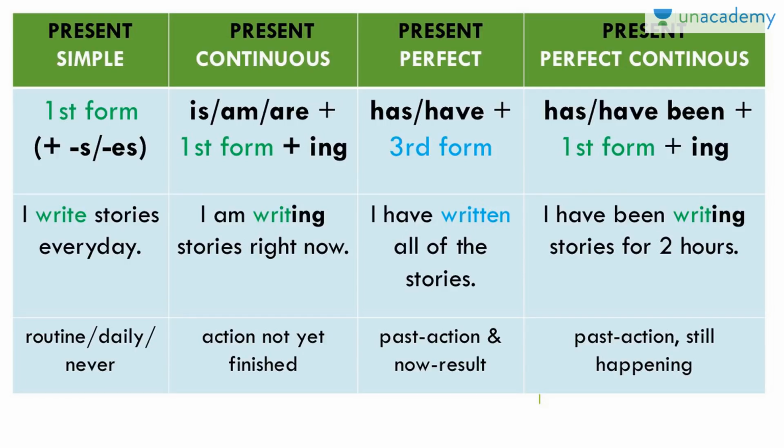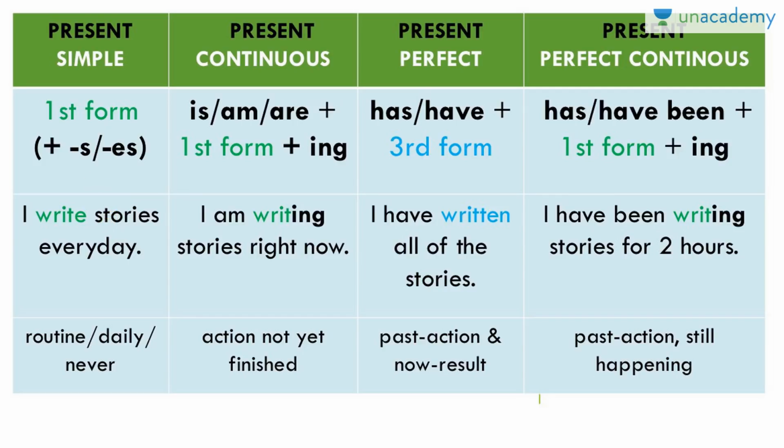In these kinds of sentences, the verb is used in the first form, and then you add an S or ES at the end depending on what the subject is. Here I was talking about myself. I write stories every day. If you were talking about somebody else, for example, if you were saying that she writes stories, then you would have added an S at the end of the verb write.